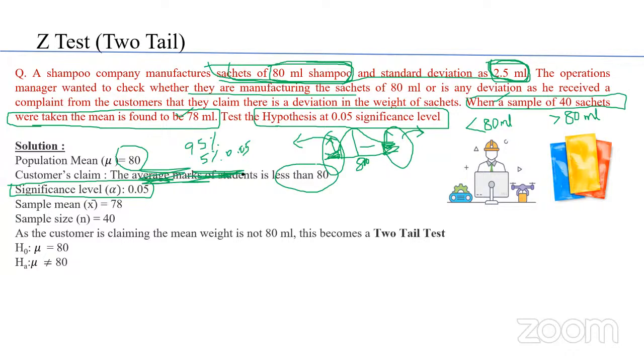The shampoo sachets should not be less than 80, and at the same time, should not be greater than 80. As the customer is claiming the mean is not 80 ml, there is a deviation. Maybe he's claiming that it is less than or greater than. So we have to curtail both sides, so it has become a two-tailed test. That is the first confirmation that we got.